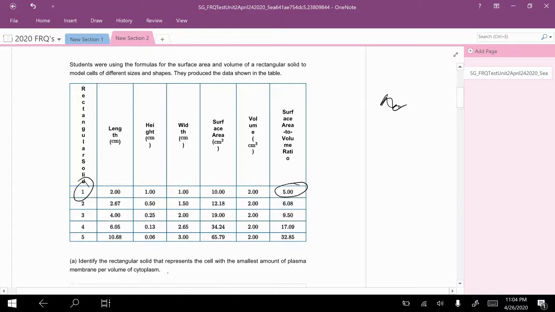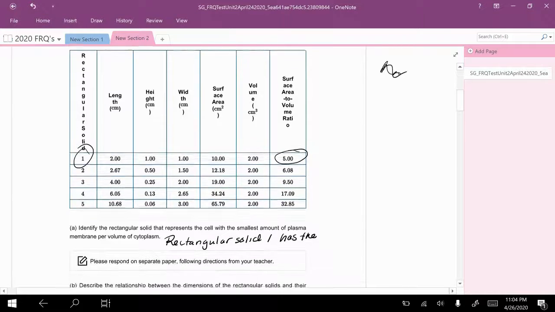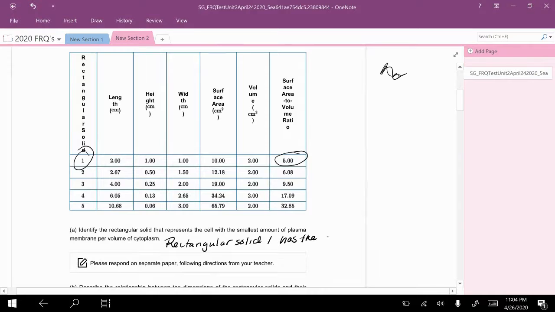So that's going to be rectangular solid 1, as it has the smallest surface area to volume ratio.